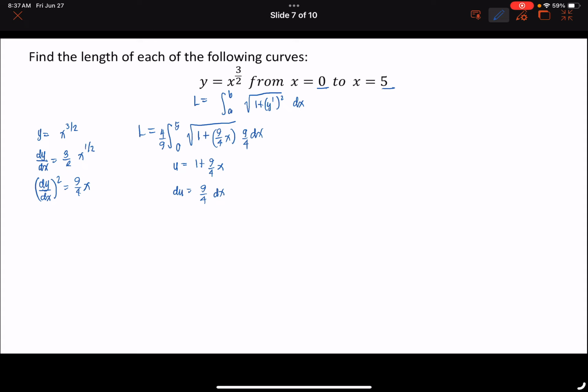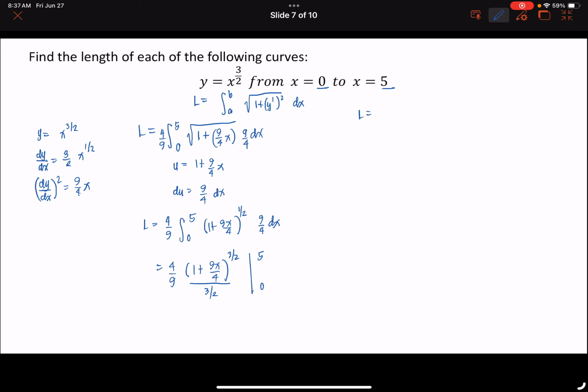With that, we have the length is 4 over 9 integral from 0 to 5 of 1 plus 9x over 4 times 9 over 4 dx. So this is raised to 1 half. So we have 4 over 9, 1 plus 9x over 4 raised to 3 over 2 over 3 over 2. This is to be evaluated from 0 to 5.